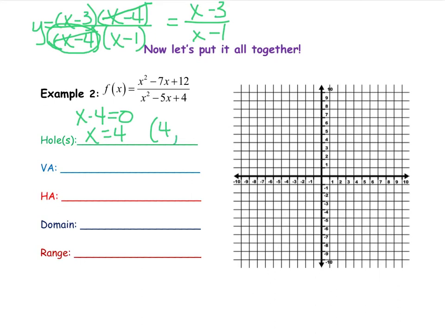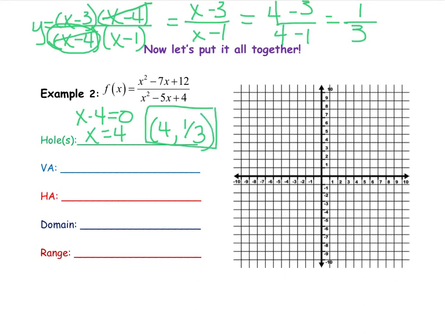Now let's find the y-coordinate of the hole, and we will do that by substituting the 4 for the x, so that we have 4 minus 3 in the numerator, and in the denominator we have 4 minus 1. So 4 minus 3 in the numerator is 1, and 4 minus 1 in the denominator is 3. So our y value is 1/3.